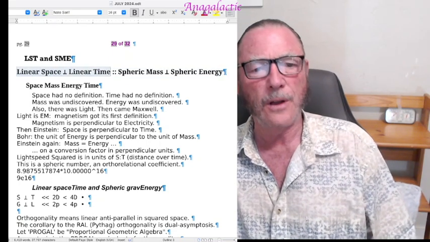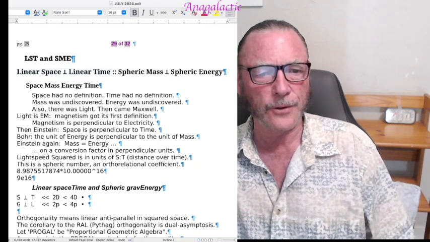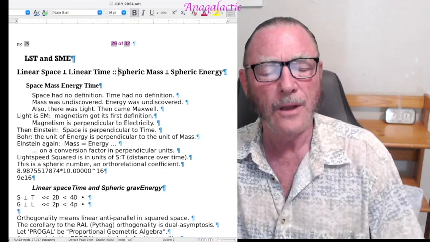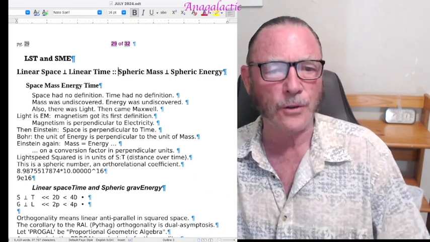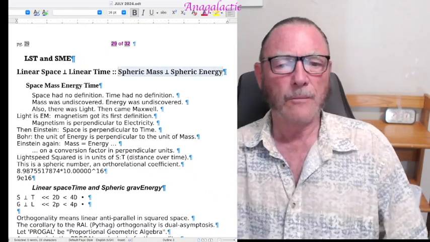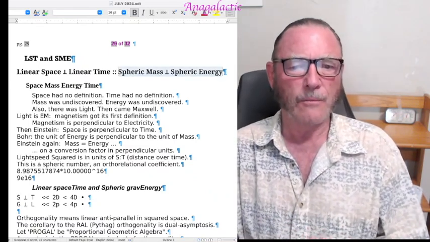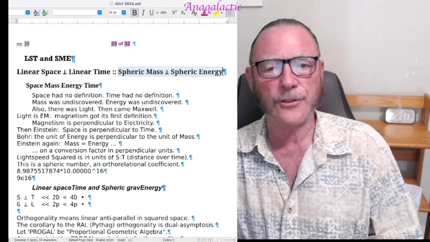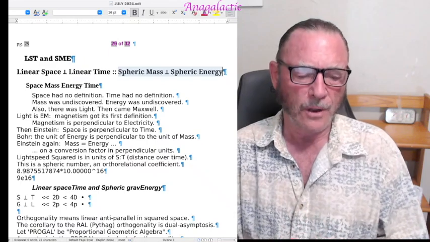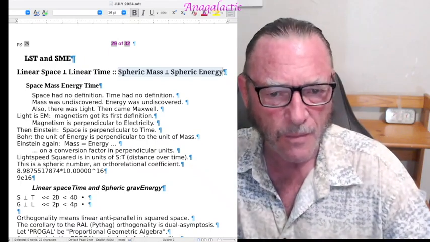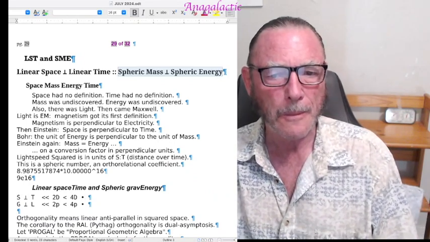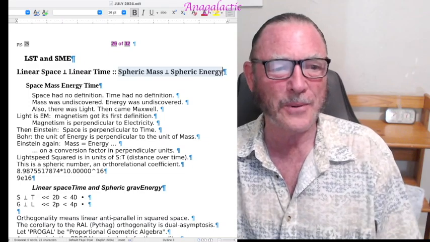That's been proved. That's called the Einstein field equation, also called space-time, whereas time is an orthogonal spatial component. Spheric mass being perpendicular to spheric energy, if that could be proved, would be a significant insight, because it relates mass to energy. Okay, so that's what we're getting to.